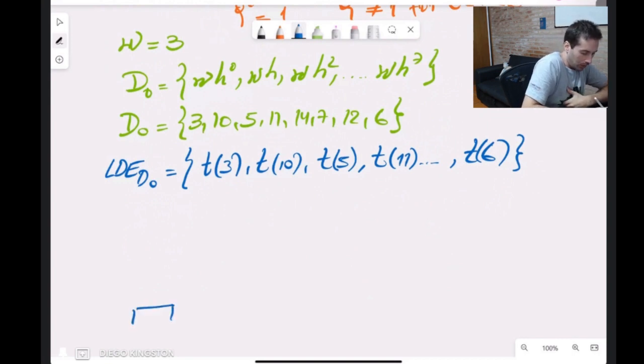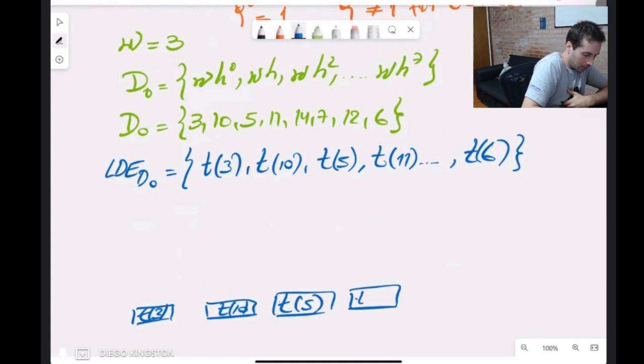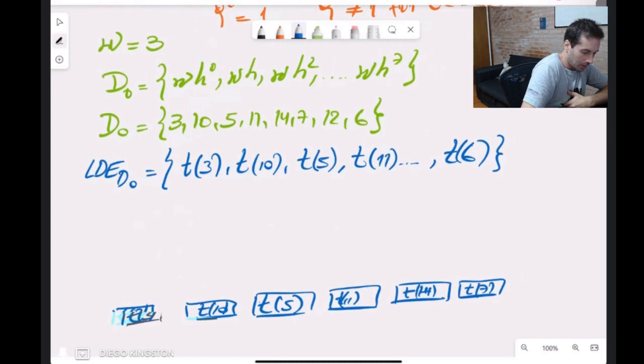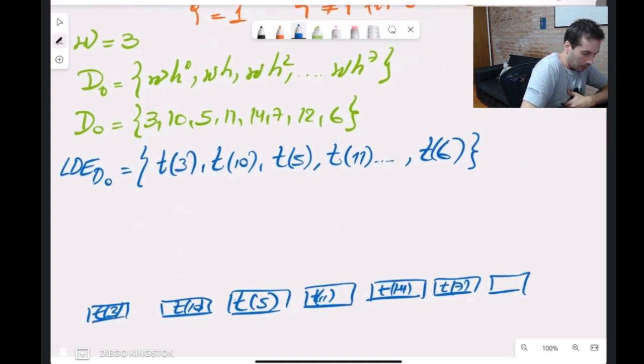So here is T of 3, T of 10, T of 5, T of 11, T of 14, T of 7, and T of 12.